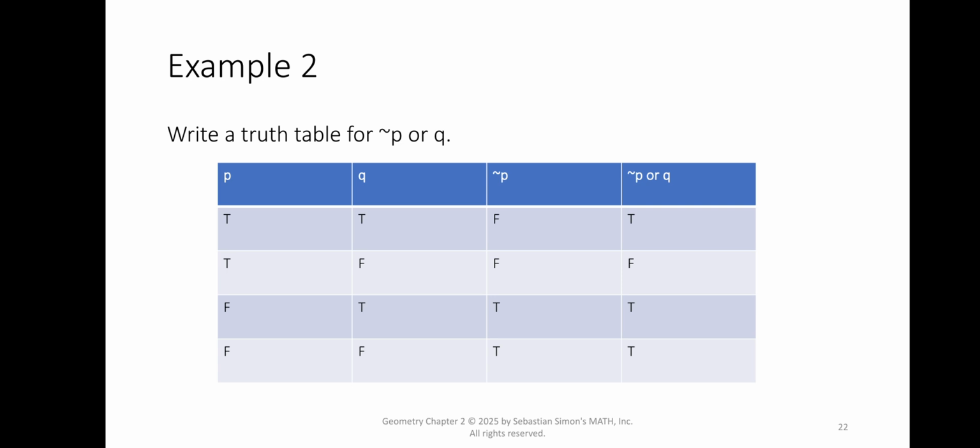For P: true, true, false, false. Q is true, false, true, false. Approximate P is false, false, true, true. Then approximate P or Q is true, false, true, true.